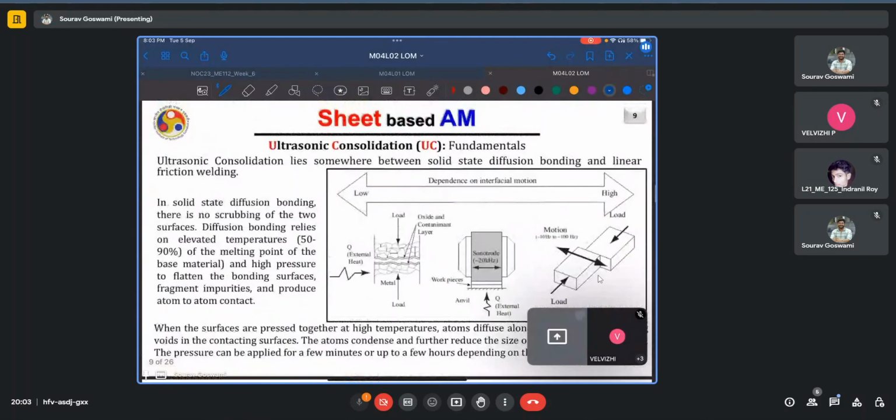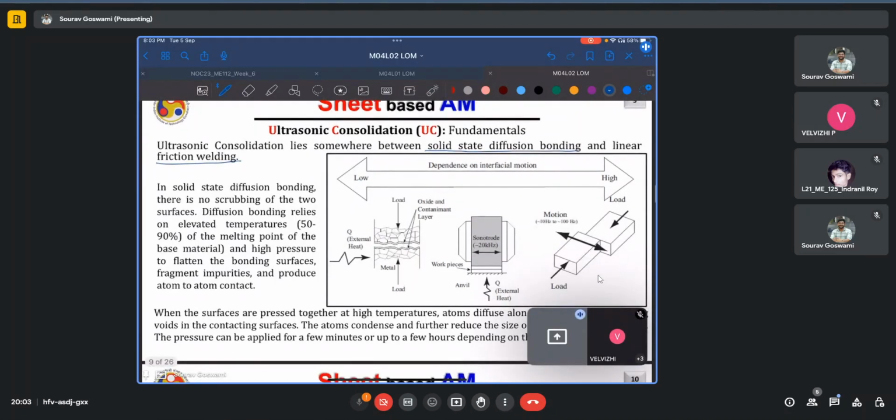Now, in terms of the working principle, ultrasonic consolidation lies somewhere in between solid state diffusion bonding and linear friction welding. How is that? Because in solid state diffusion bonding, there is no scrubbing of the surfaces, so there is no relative motion between the two surfaces.